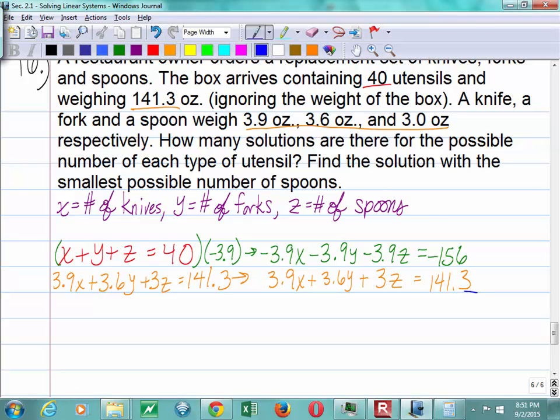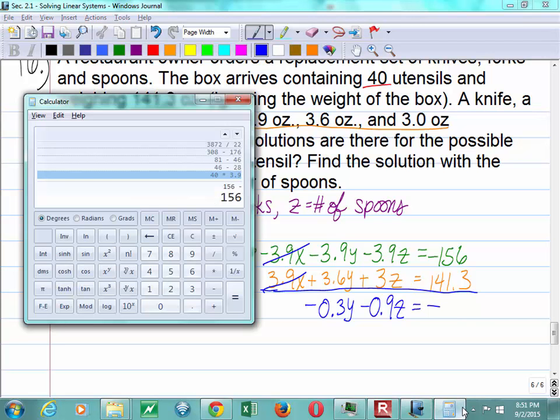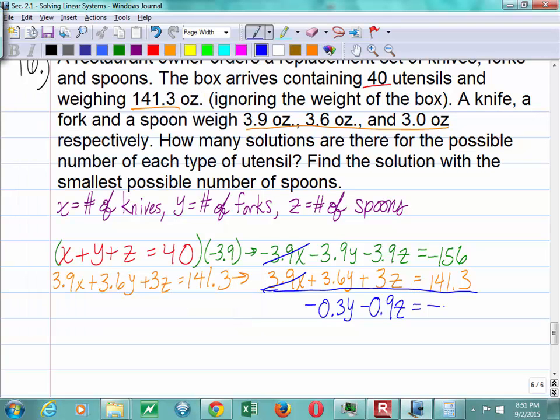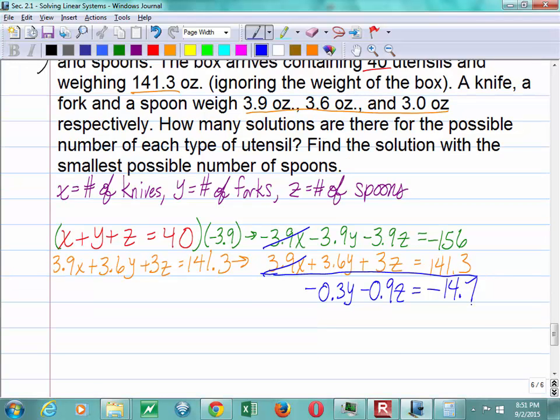Okay, so when we add these together, this cancels out, and then we're going to have negative 0.3y minus 0.9z equals negative 14.7. Okay, so now we can get y in terms of z.